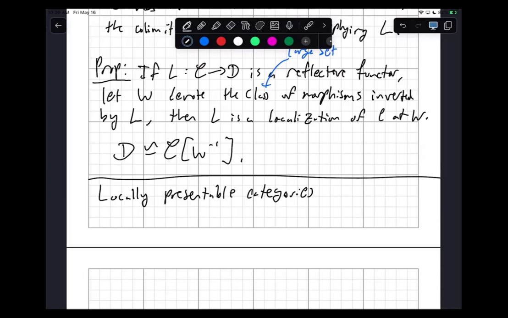All right, so now let's talk about locally presentable categories. I've always found localization, set theory, and locally presentable categories hard to learn, and that's why I wanted to talk about this. Not necessarily because there aren't good resources, there are, especially for locally presentable categories.